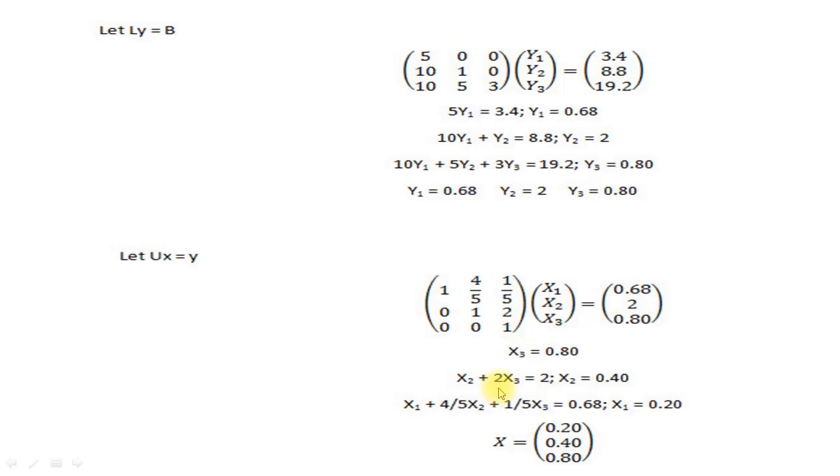Putting the value of x3, we obtain x2 is equal to 0.40, and in the first equation, x1 plus 5 by 4 x2 plus 1 over 5 x3 is equal to 0.68. Now putting the values of x2 and x3, we obtain x1 is equal to 0.20. So this is the solution of the system: X is equal to x1, x2 and x3, where x1 is equal to 0.20, x2 is equal to 0.40 and x3 is equal to 0.80.